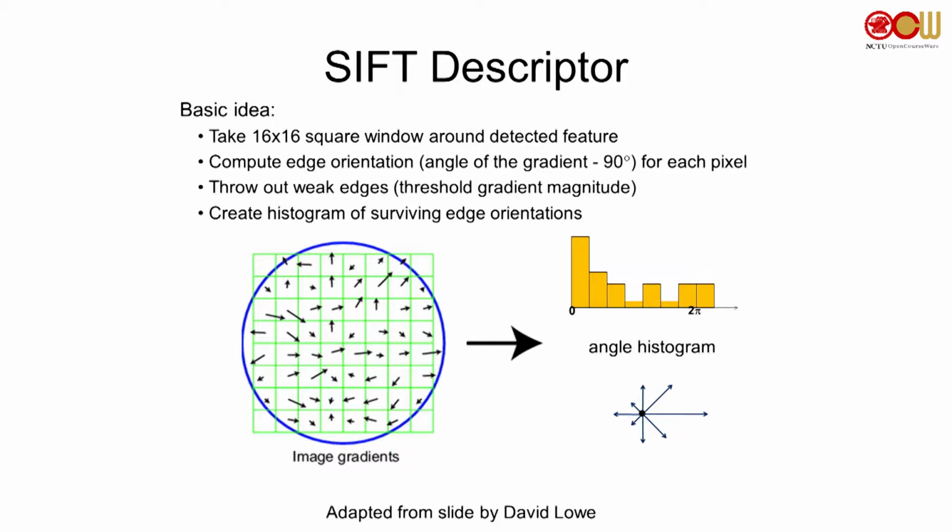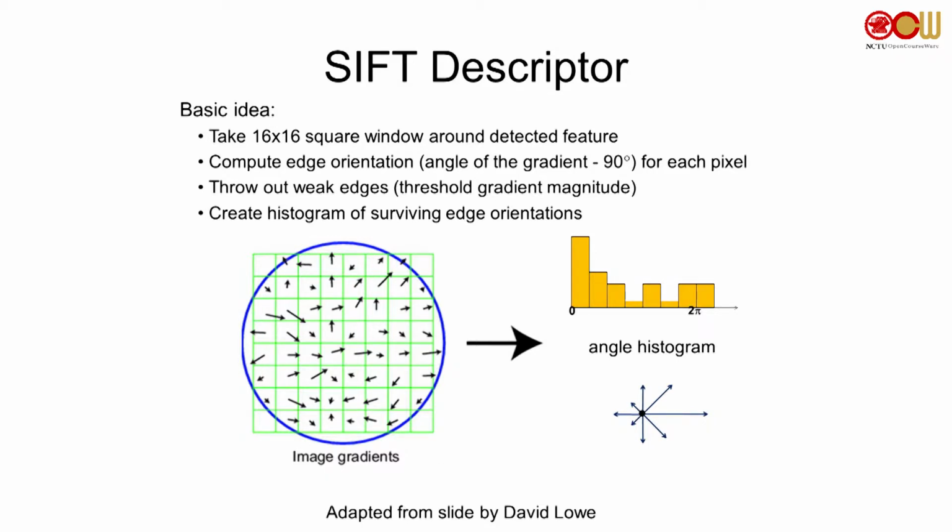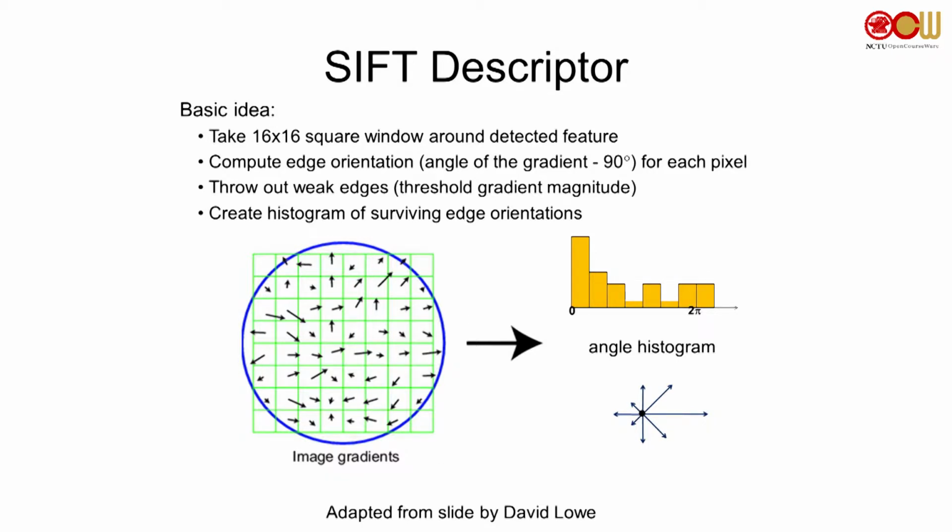Finally, you create a histogram of surviving edge orientations. On our left-hand side, suppose there is a center point somewhere around here, and you compute the 16 by 16 window. You could see arrows representing the magnitude and orientation of the gradient, right? Then you turn it into a histogram like this.